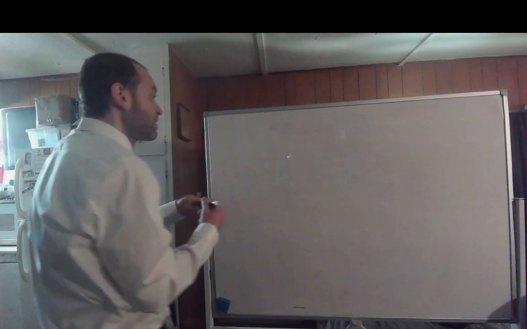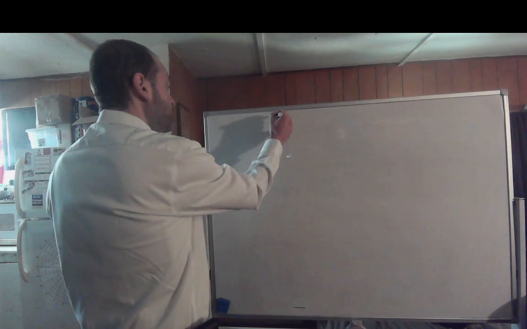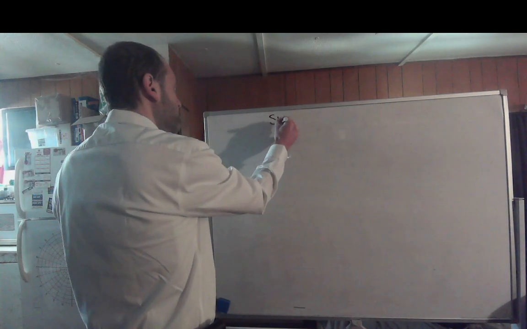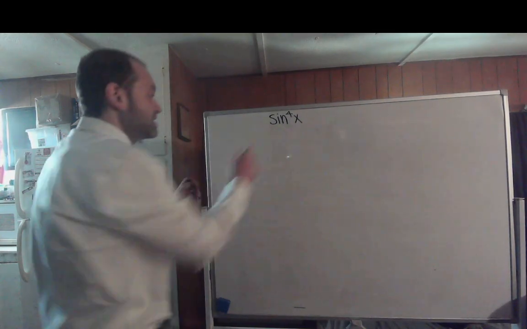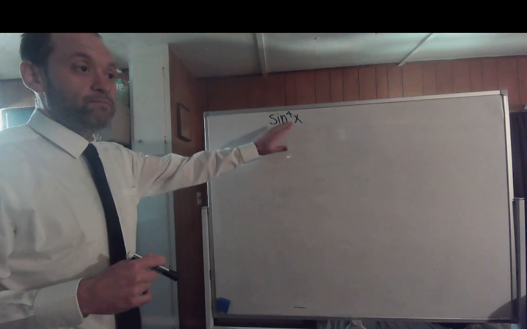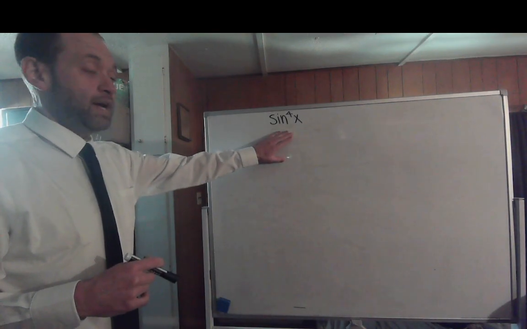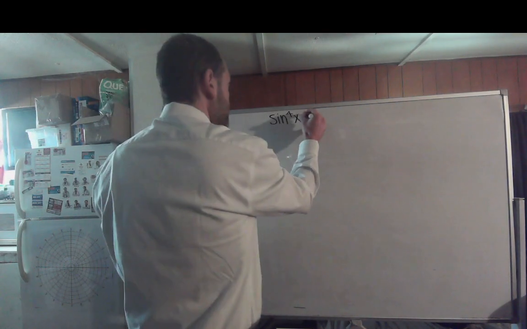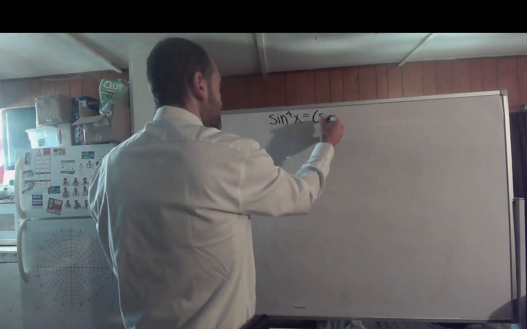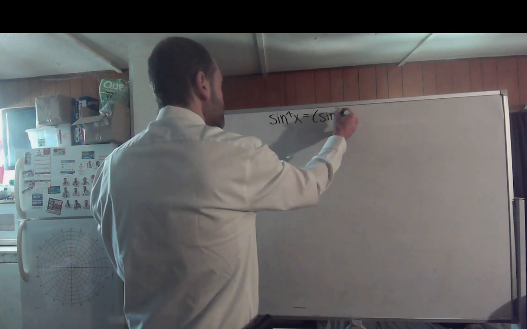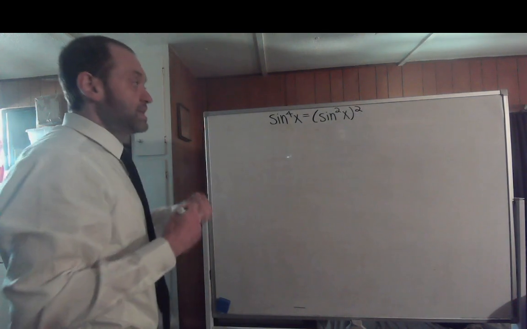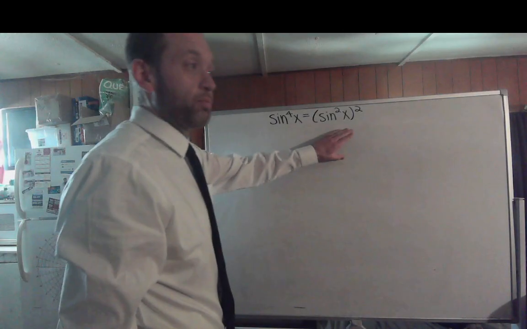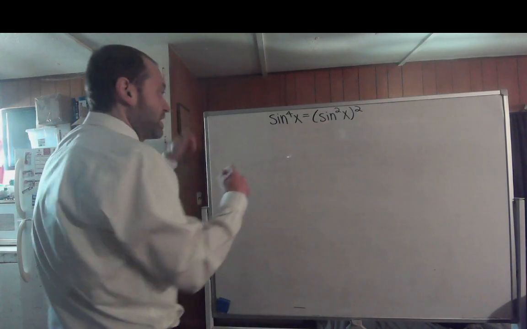But now let's say we're going to deal this time with sine to the fourth power of x. So let's deal with sine 4 of x. Well, that's the same thing as sine squared of x, that quantity squared. So we need to use the power reducing formula for the sine squared of x.